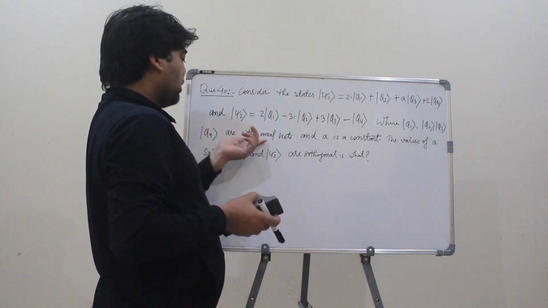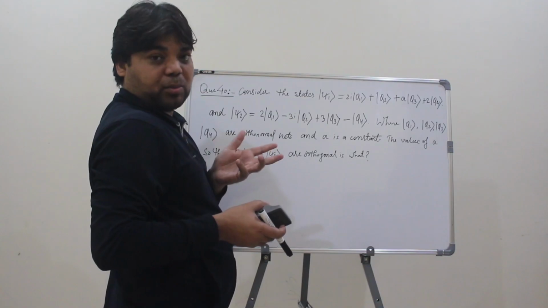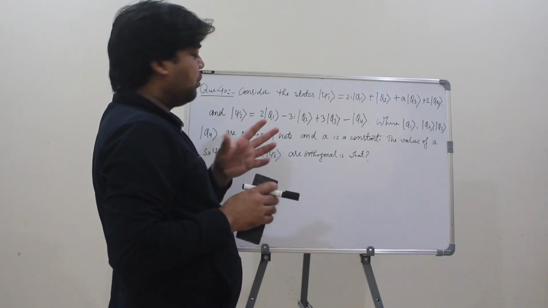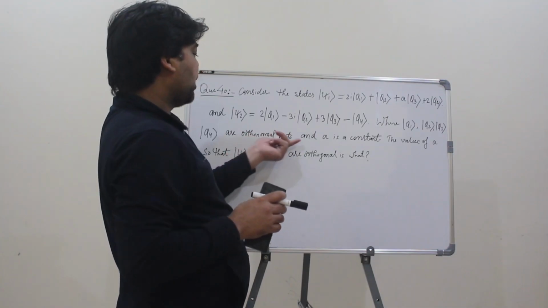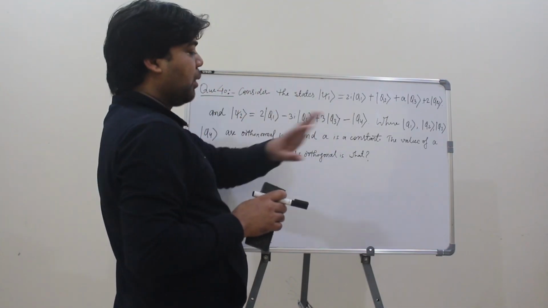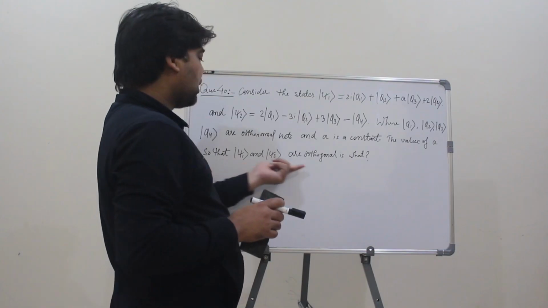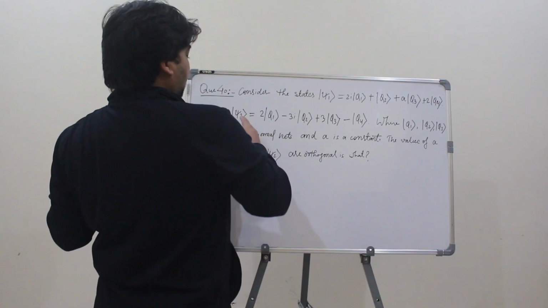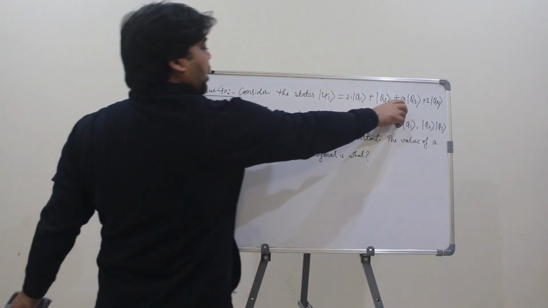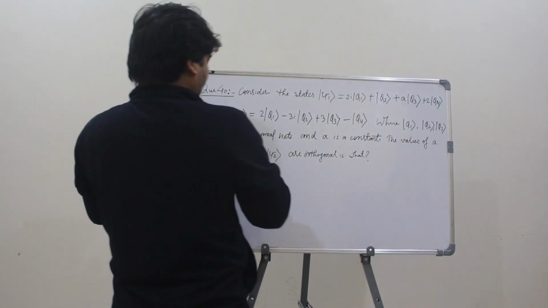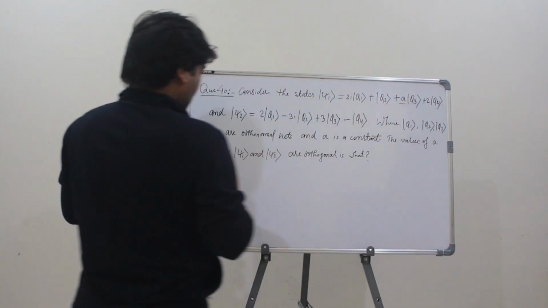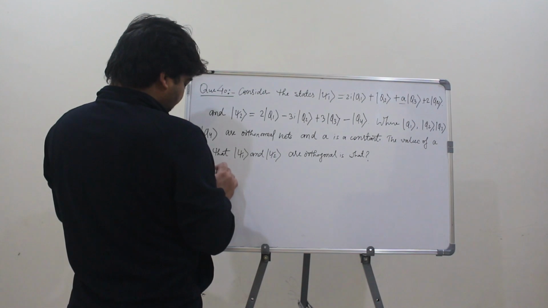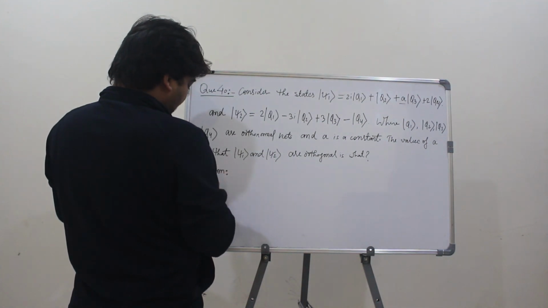It is given that phi 1, phi 2, phi 3 and phi 4 are orthonormal, meaning they are orthogonal to each other with unit norm, and A is a constant. The value of A so that psi 1 and psi 2 are orthogonal is asked. Now let us see how we can tackle this type of problem.